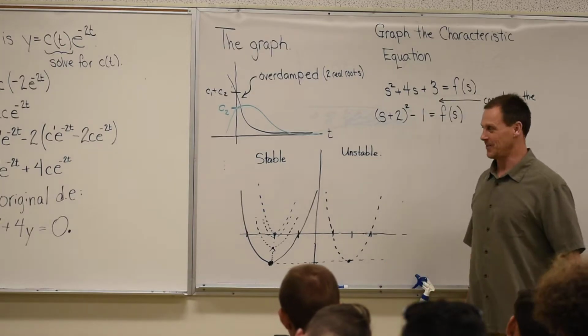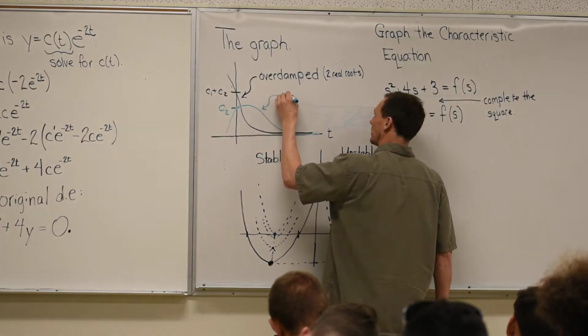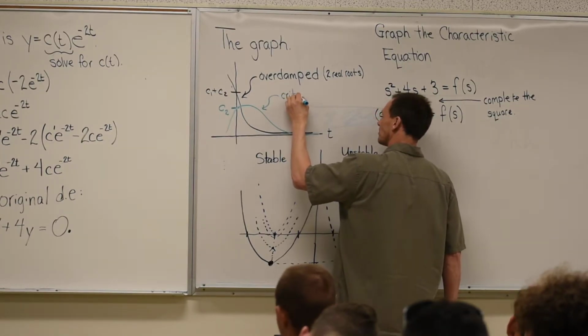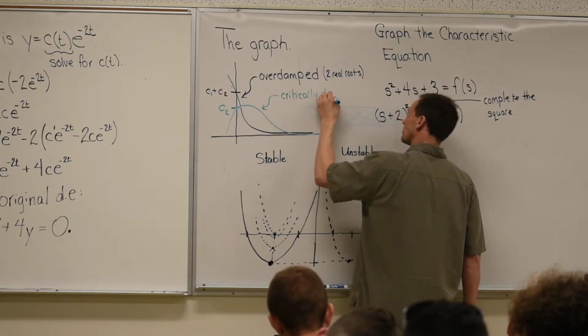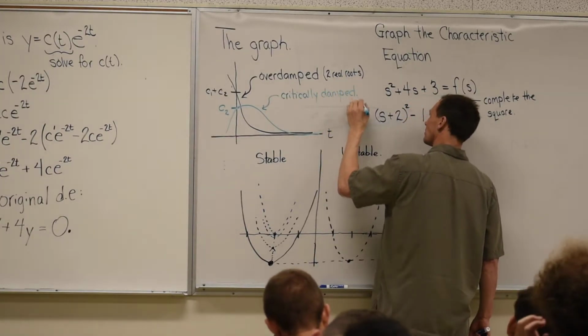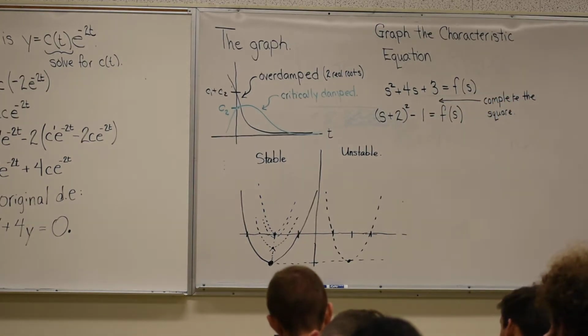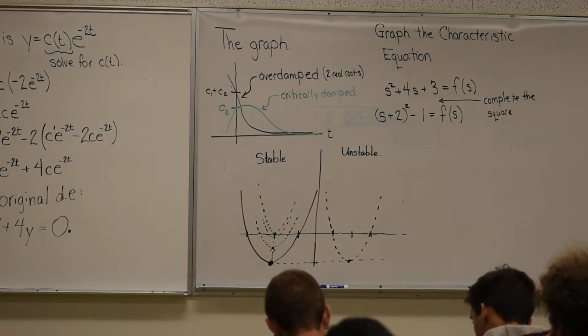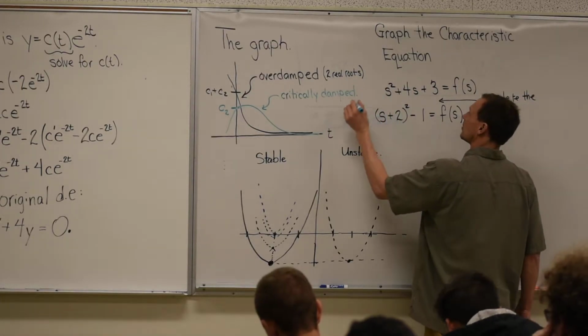That's what happens. This is called critically damped. Critically damped. And what we have, these are repeated roots.